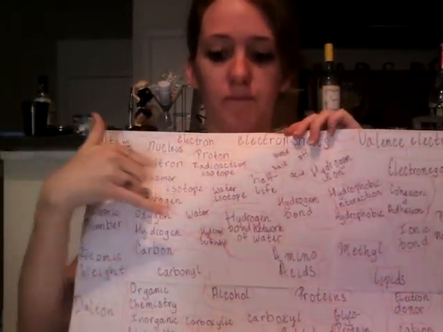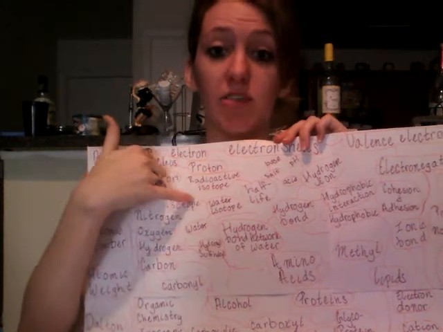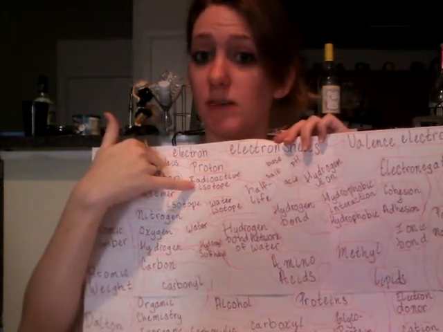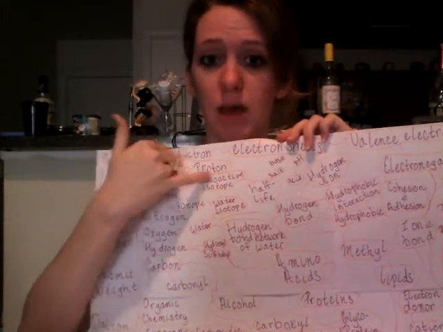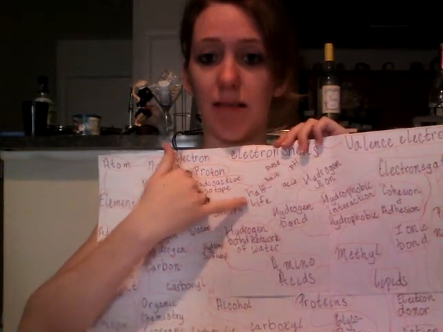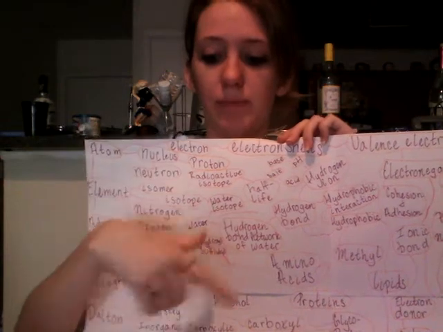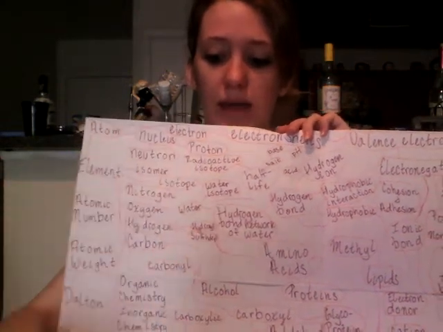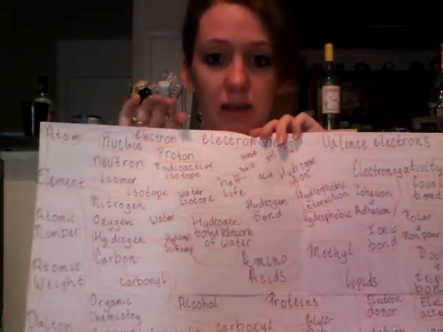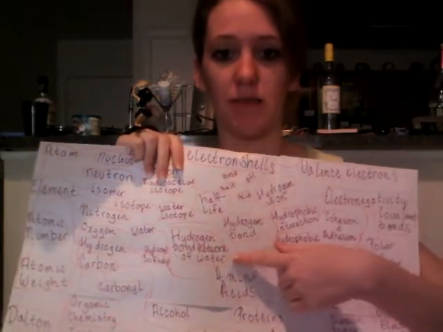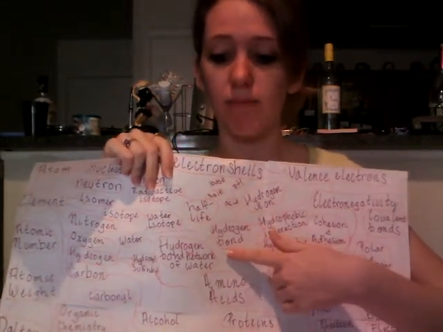And then isotopes could be radioactive, which means they're very unstable. And then that's how we find the half-life. Okay. And then hydrogen bonds are the reason that water has a lot of its special properties.